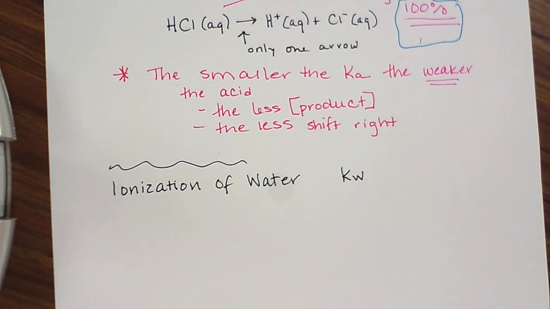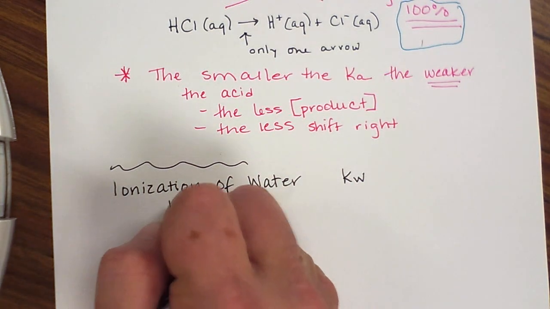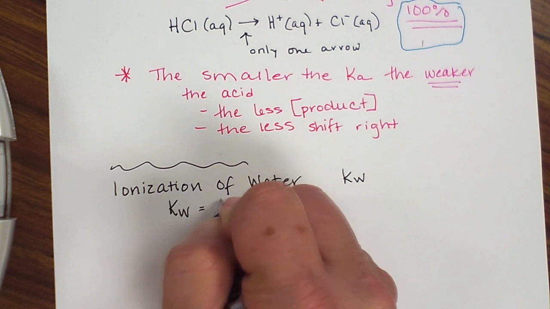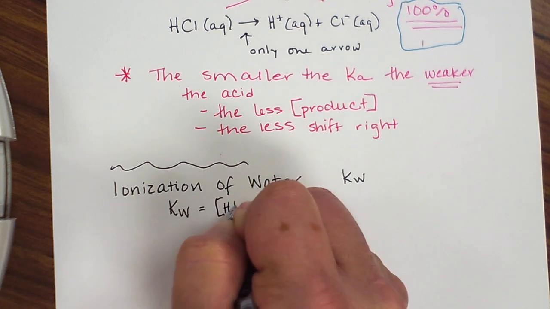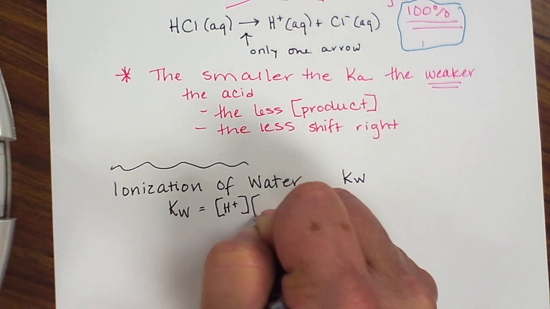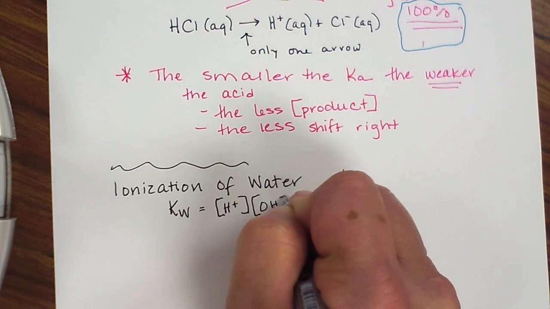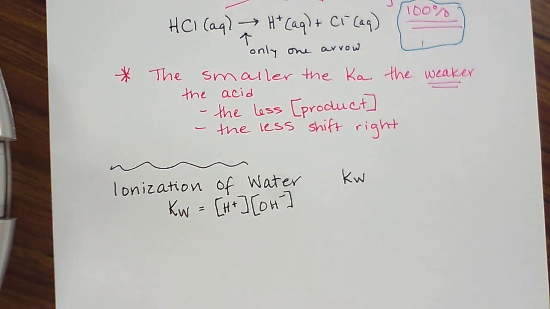Now remember, water is hydrogen and hydroxide, right? So the Kw is equal to the concentration of H plus times the concentration of OH minus. That makes sense, right? Because water is always dissociating back and forth.